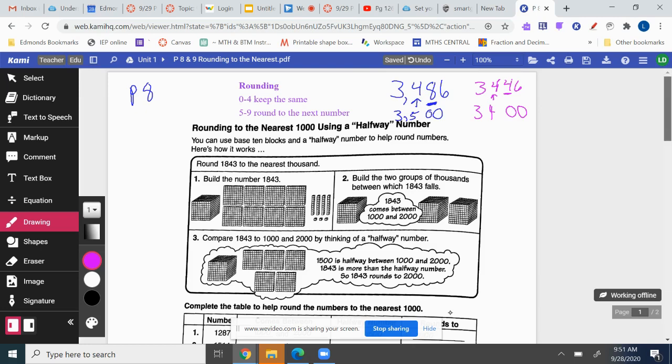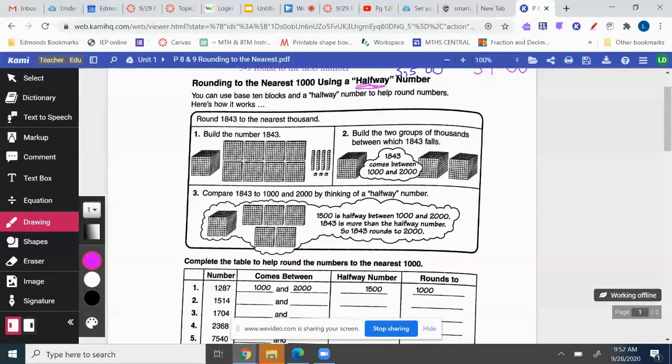So let's look really quickly. We're going to use the method that we used up above. We're going to skip this part because we don't actually have the blocks to be using in class. The halfway number is going to be 500. So if it was 2,368, the halfway number would be 2,500.